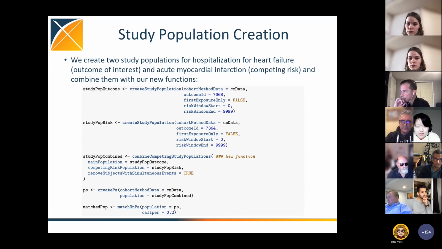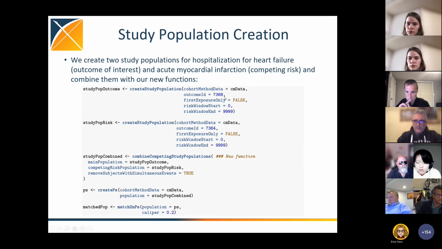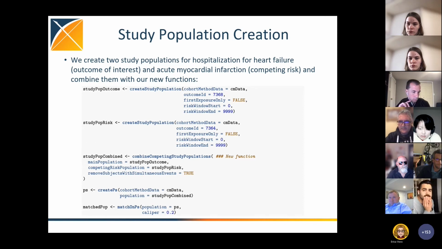In CohortMethod, we create 2 different study populations with the create study population function, where our first study population is interested in hospitalization for heart failure, and our second population is interested in acute MI.